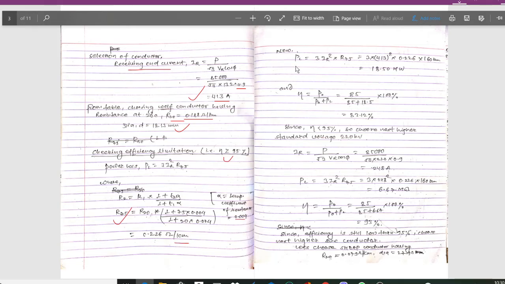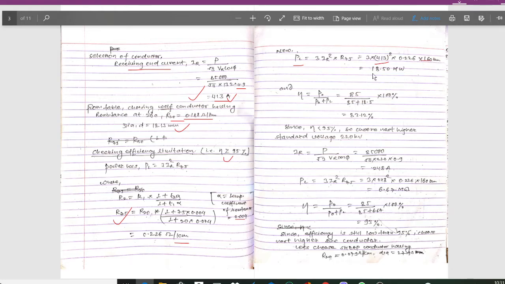Now we have to calculate PL. PL is equal to 3 IR square into R75, where IR is 413 ampere, which we just calculated. So 413 squared into R75, where R75 is 0.226 ohm per kilometer, and the length is given as 160 kilometers.